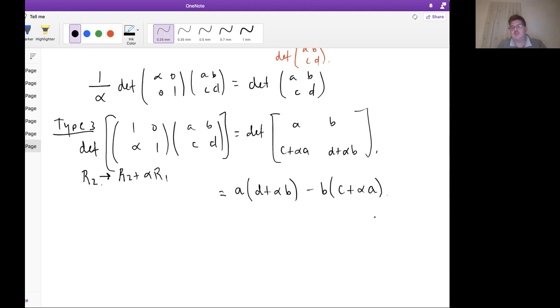Everyone see that so far? Let's multiply it out. AD plus alpha AB minus BC minus alpha AB. What's that? Can you do anything to that?